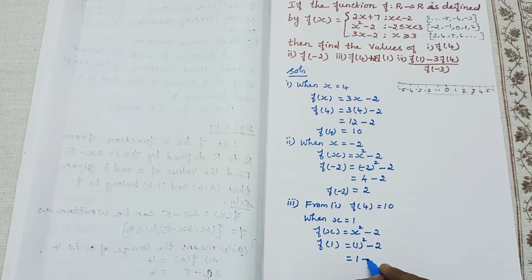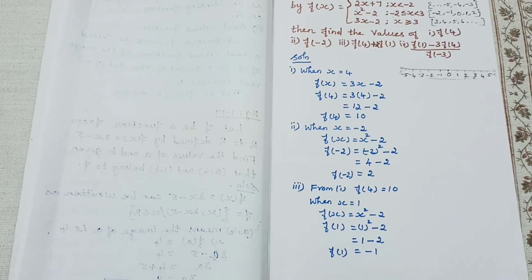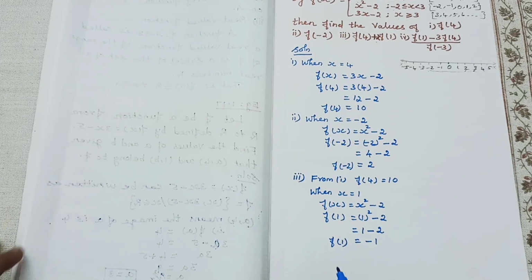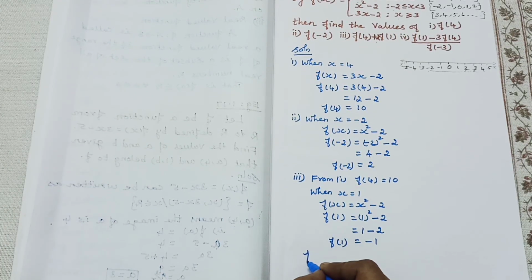Am I correct? Then 10, and here plus is there, here minus is there, isn't it? Plus into minus is minus. Then 2 into 1 is minus 2. Then 10 minus 2 is 8. Am I correct? Have you understood?